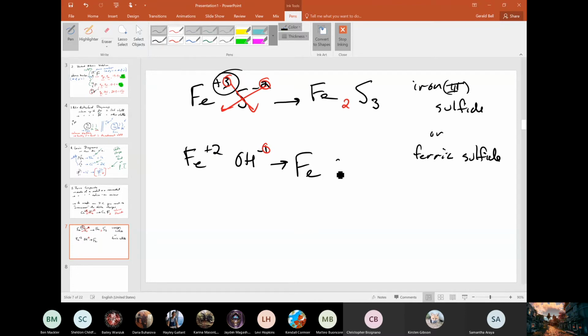How many hydroxides are we going to get? We're going to get 2. And because hydroxide is a little more complicated, I need a bracket around it. So this one is iron 2 hydroxide. I guess if you look this one up on the solubility rules, it says hydroxides are all insoluble, and that's not one of the exceptions, so this would actually be a solid.